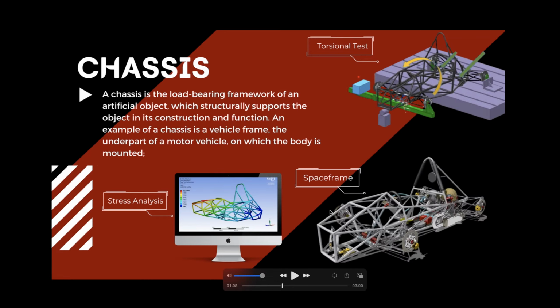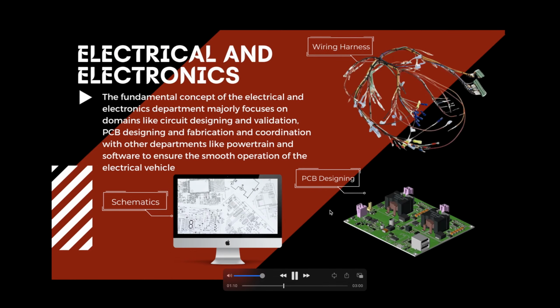The last and final mechanical department is the chassis department. So this is basically the load-bearing framework of the vehicle, which houses all the other departments, whether it be mechanical departments or electronics or software departments in it, forms the foundation of the vehicle. So from here on, Raghav will be taking over and explaining the software and electronic departments.